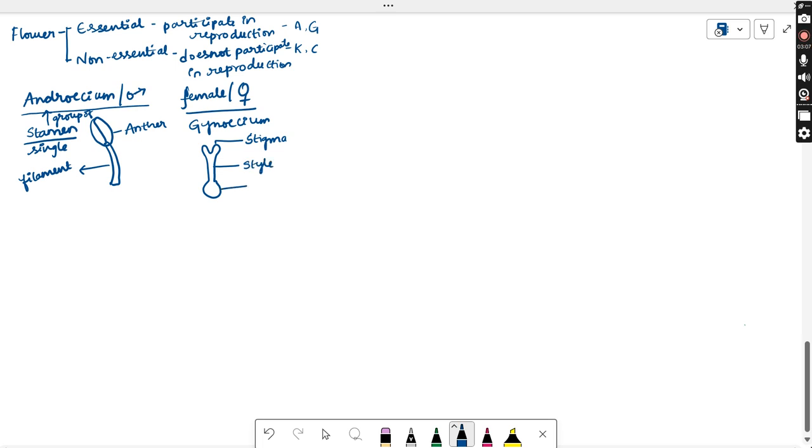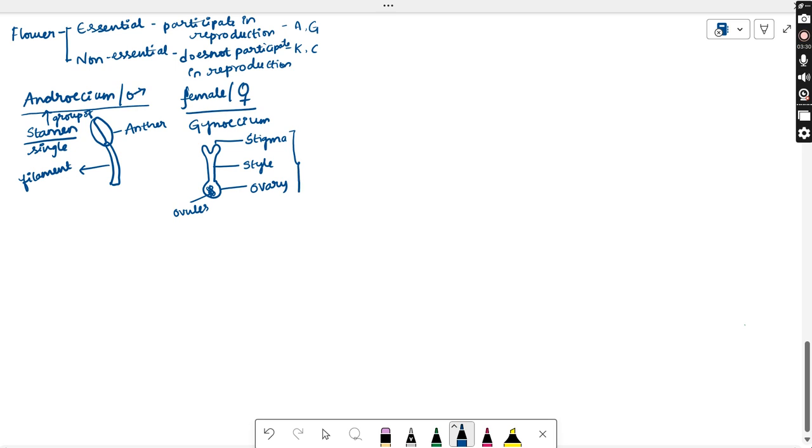At the base, where it is attached to the thalamus or receptacle, occupying the central or apical position, is the ovary. The ovary contains the ovules, so this is the main part for the fertilization process to occur.